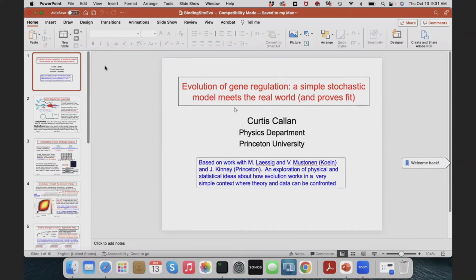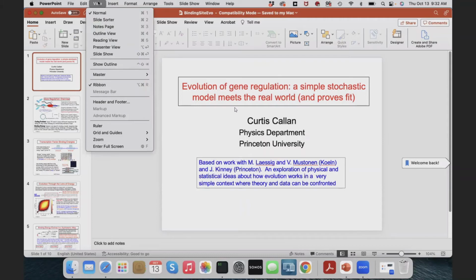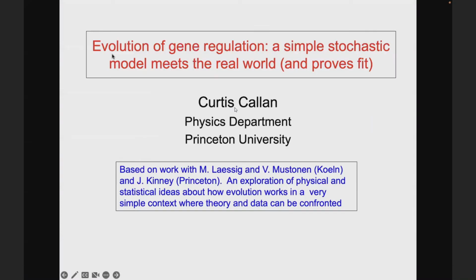Here we go. So I'm going to proceed. Is that up on the screen? Okay, that's good. And now the question is, how do I get you, where's the view slideshow? Good. All right. Okay.